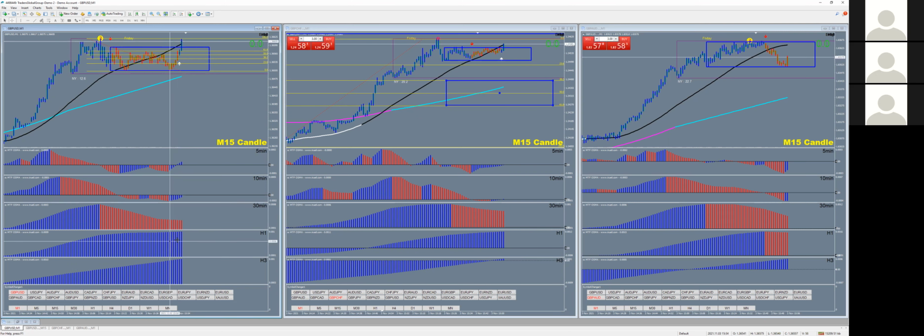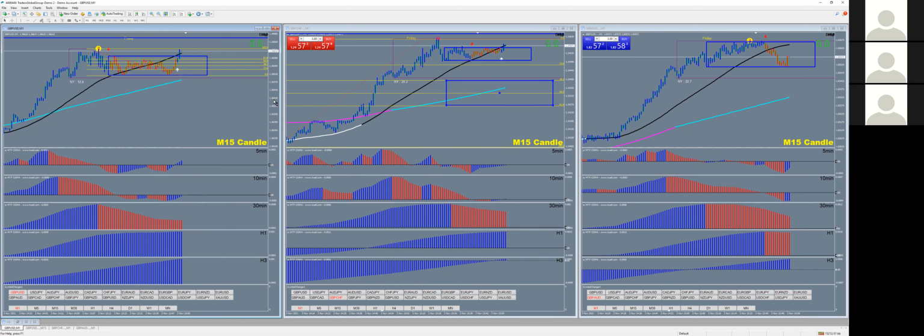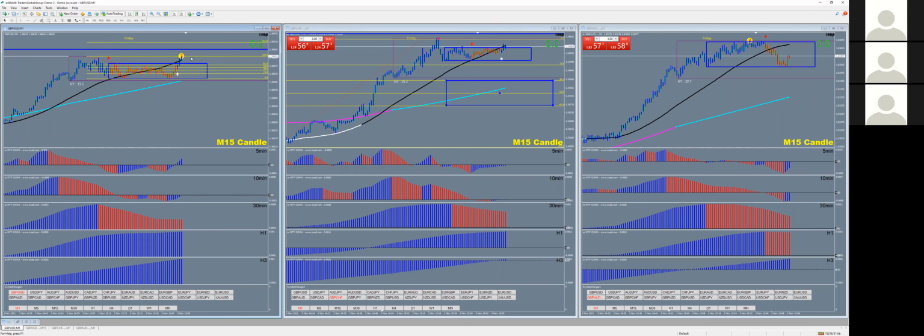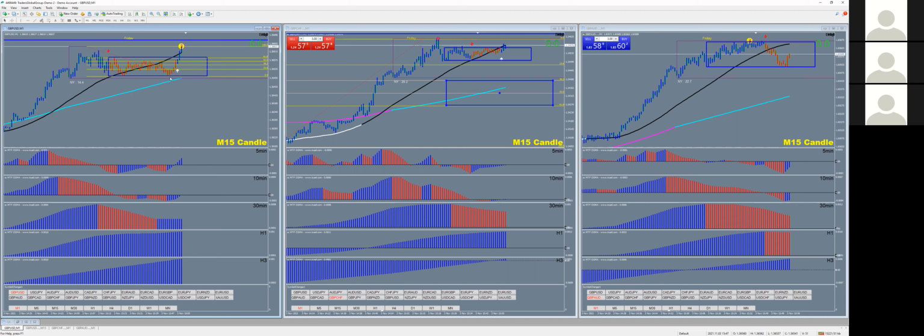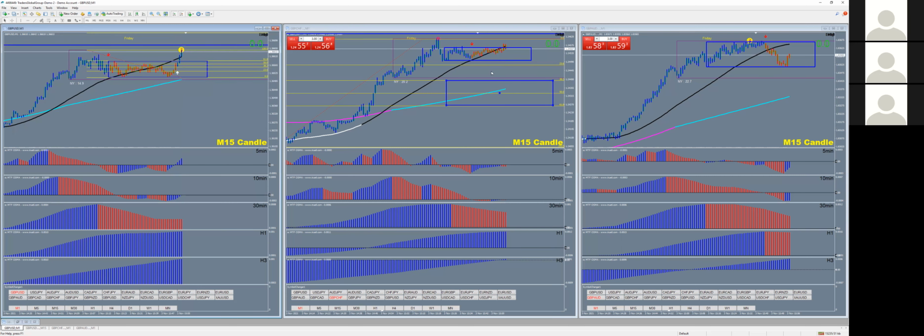Like pound dollar still trying to find the high of the session, and the high today broke it. Pound is the strongest currency. Yeah, pound just got strong. But New Zealand still is stronger than the pound right now.